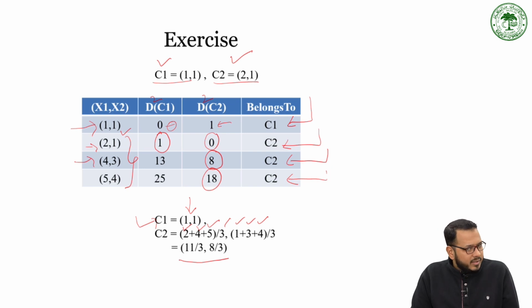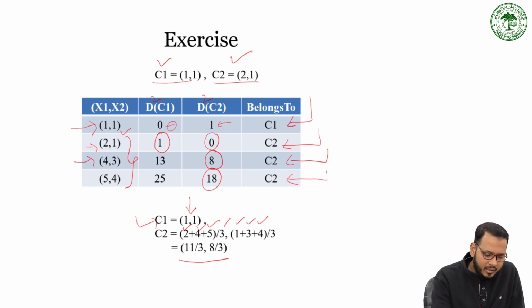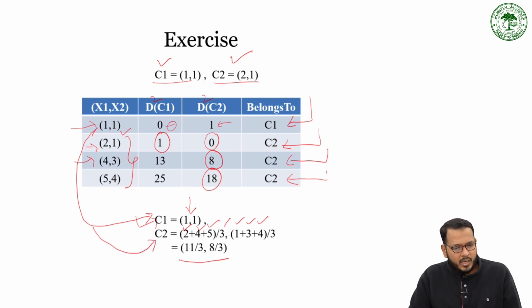Now we will repeat the same process with these updated centroid locations. That is, we will check whether 1, 1 once again is closer to the updated C1 or the updated C2. And to whichever centroid it is closer, we will say that 1, 1 belongs to that cluster now. Then we'll do the same for the rest of the points as well.